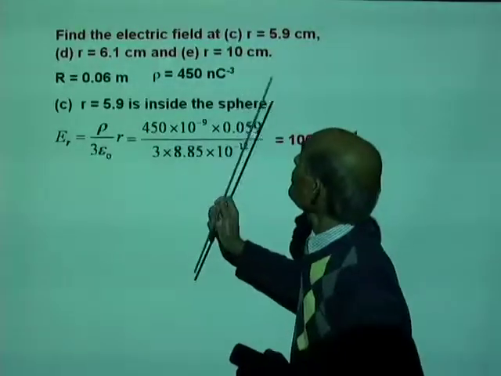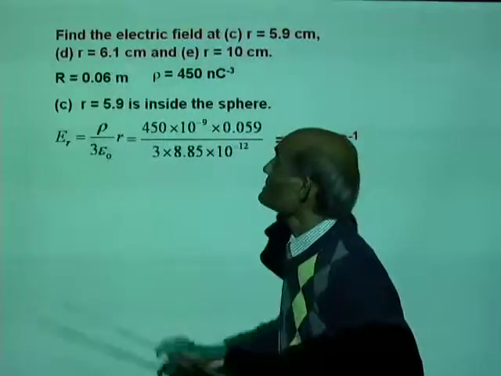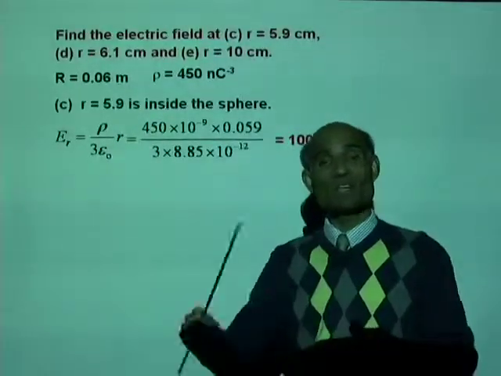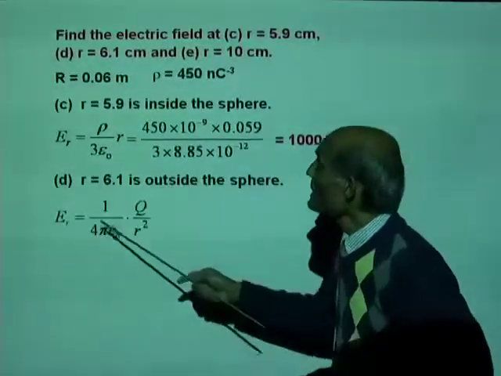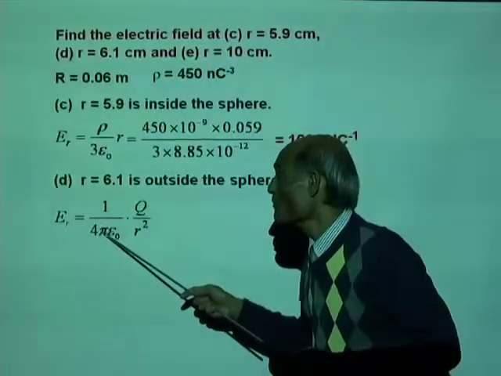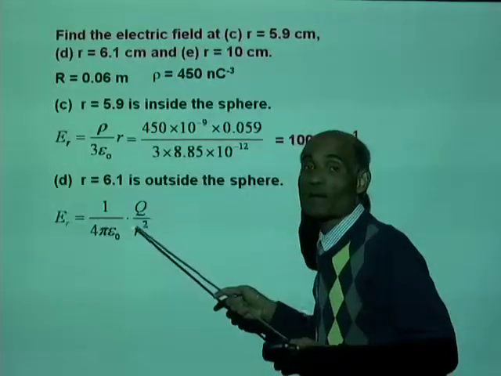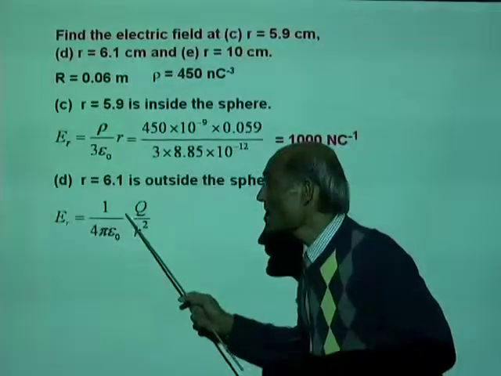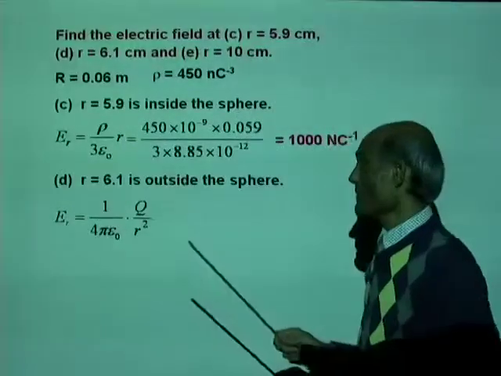And now I want to find the electric field at r equal to 6.1 centimeter. That's a point outside the sphere. And the expression for the field outside is 1 over 4 pi epsilon naught q over r squared. This can be replaced by kq over r squared.